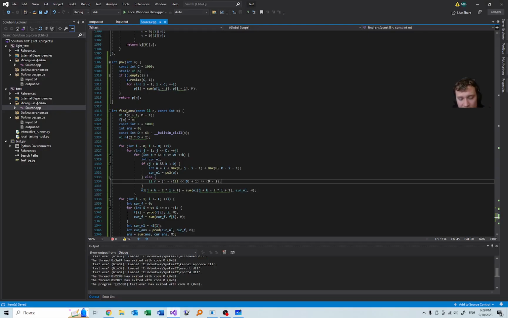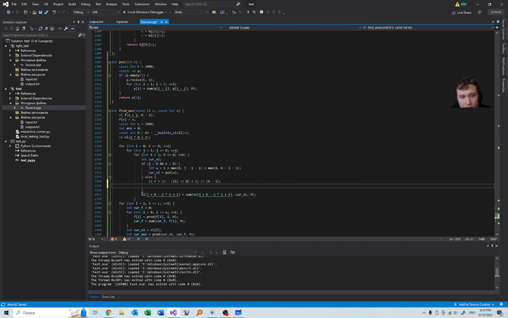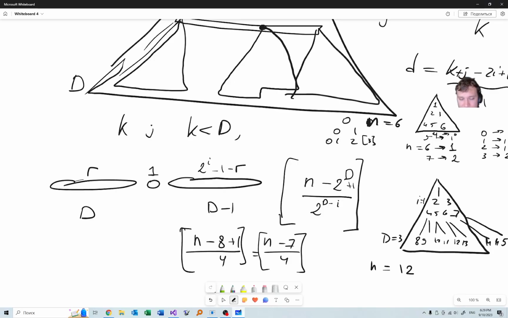Let's calculate the answer in this case. So there are 3 addends.